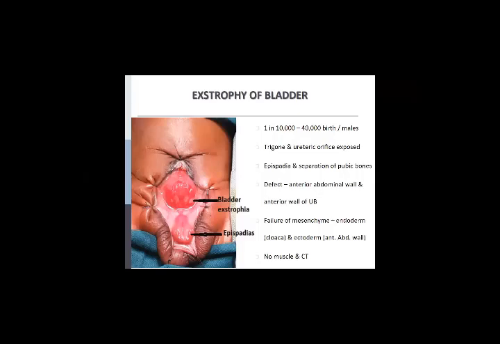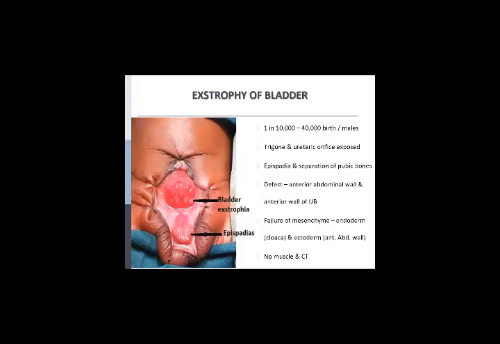In that abdominal wall, there is surface ectoderm and there is also endoderm. What is missing is the mesoderm. This defective anterior abdominal wall will not have mesoderm. When there is no mesoderm, the muscles of the lower half of the anterior abdominal wall do not develop.